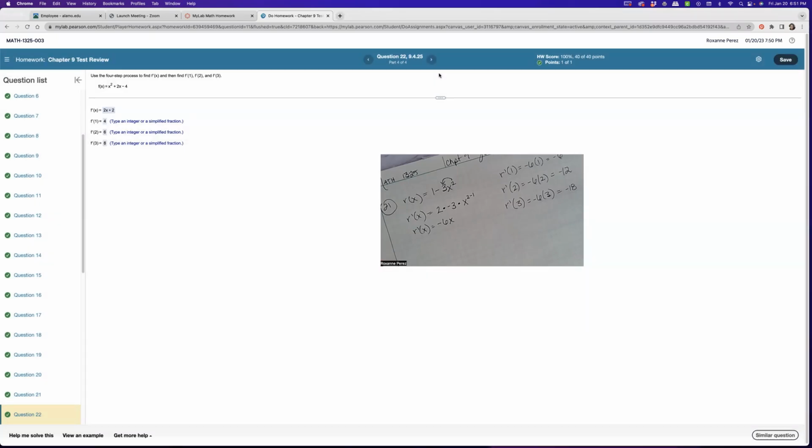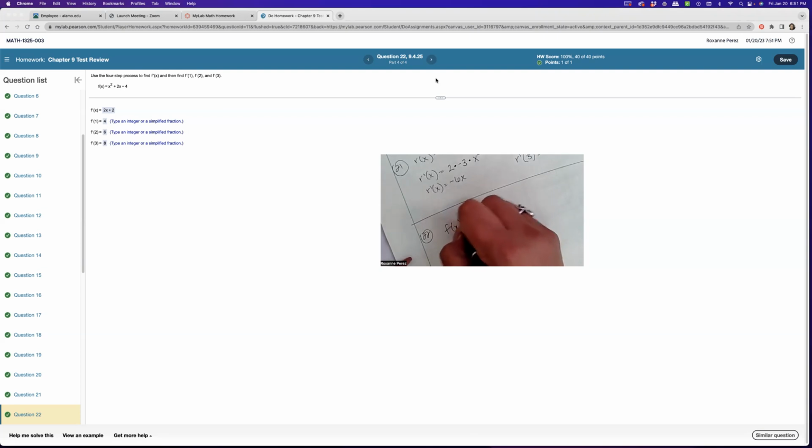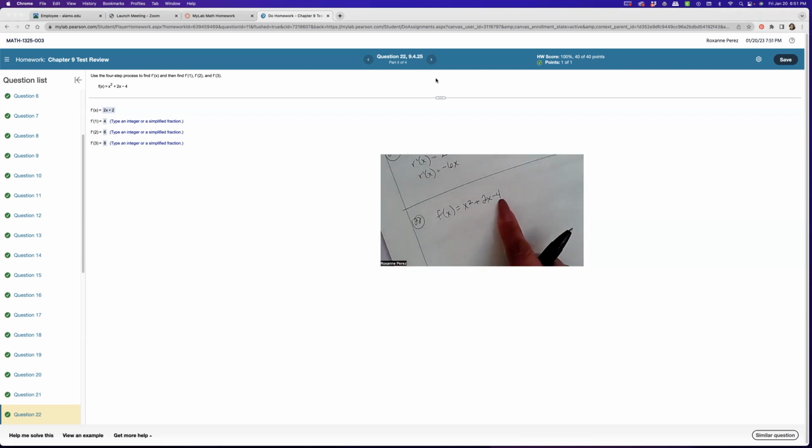22. Okay, the function is f of x equal to x squared plus 2x minus 4. So again, any constant term is just going to drop off, and we're going to focus on the variable terms.